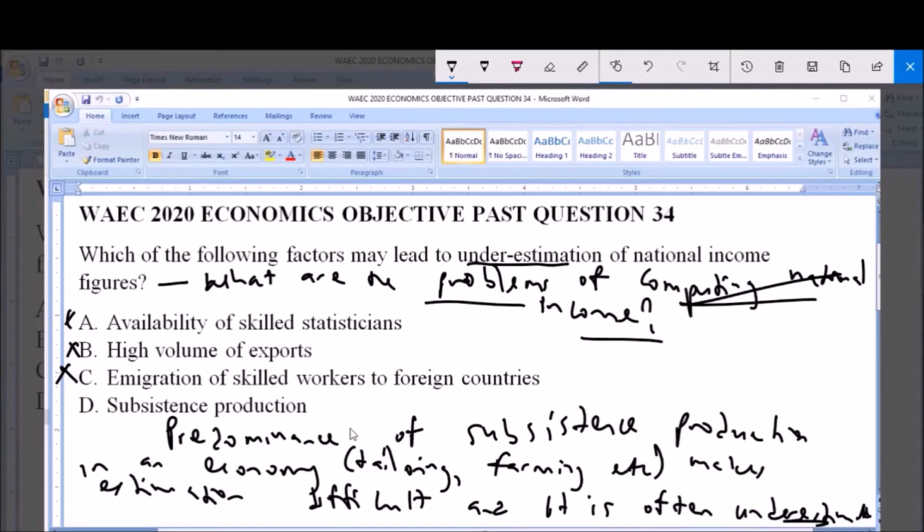Now, these subsistence occupations, or subsistence production in general, are very difficult to estimate in terms of the value or in terms of the income they generate. So because of that reason, the national income figure based on this, what we have just explained, is often underestimated as a result of predominance of subsistence production in an economy. So option D, subsistence production, is the correct answer to the question.